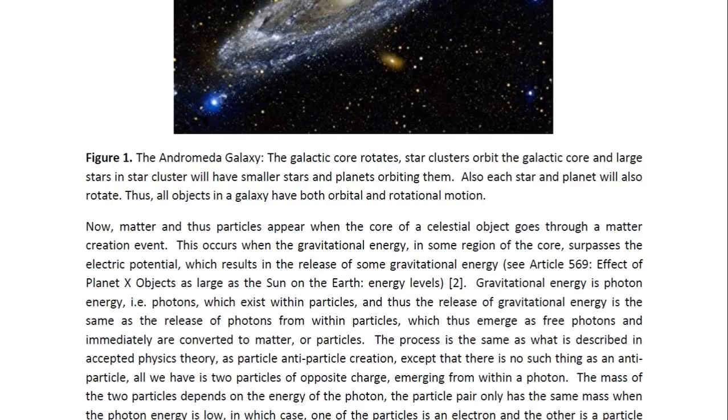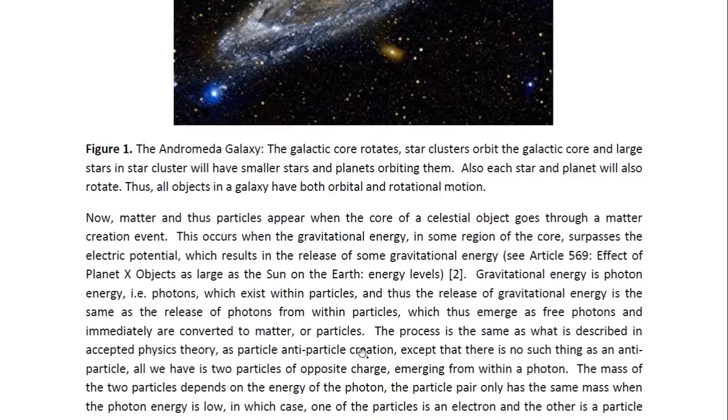Gravitational energy is photon energy. In other words, it is photons which exist within particles, and photons is of course light. So this means that the release of gravitational energy is the same as the release of photons from within particles, which thus emerge as free photons or light and immediately are converted to matter or particles.